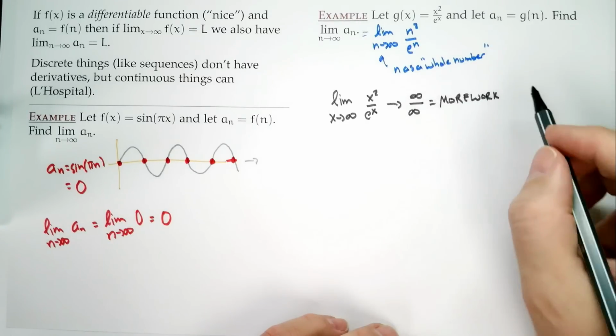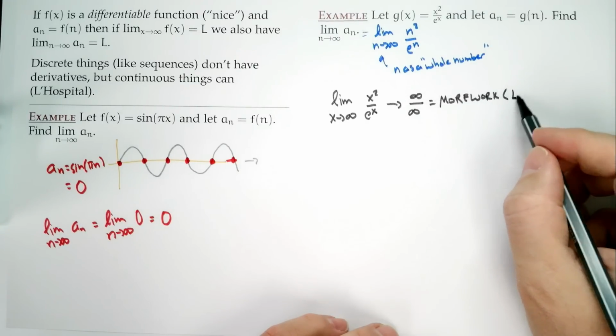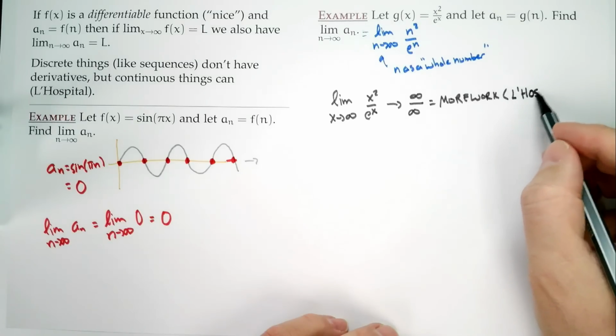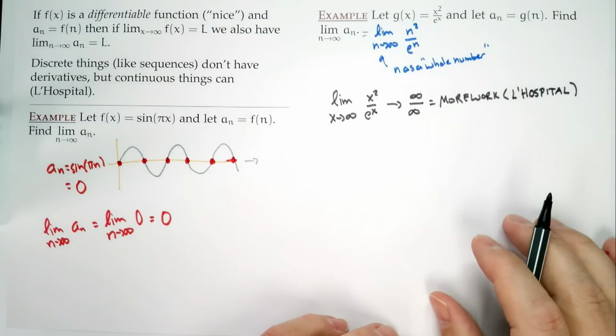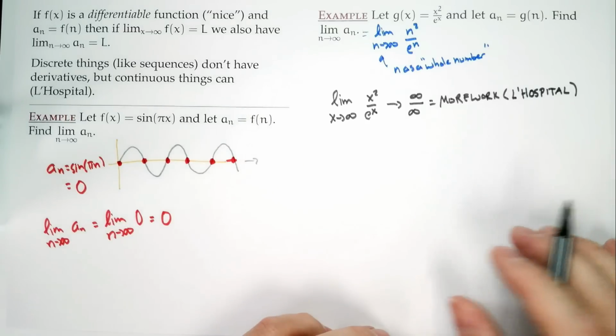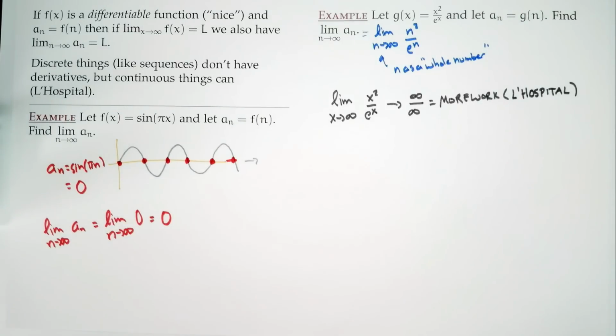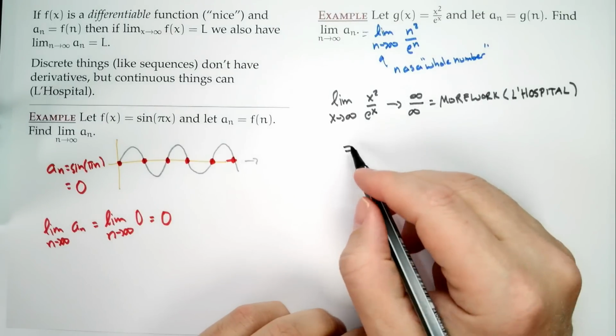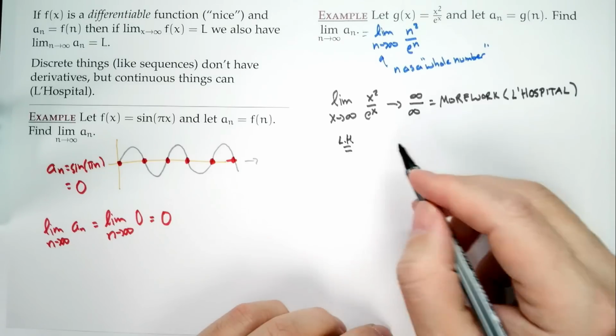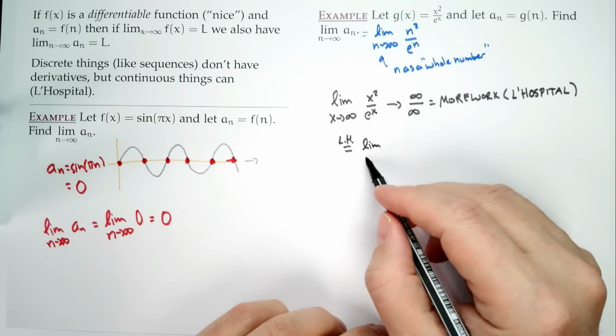Okay, well, what do we mean by more work? Well, this is an indeterminate form, which means we turn to our good friend, L'Hopital. Oh, L'Hopital, put down your baguette. It is time for us to do more math. And we say, okay, all right. So, what do we do? L'Hopital it. Well, we're going to get the limit as x goes to infinity.